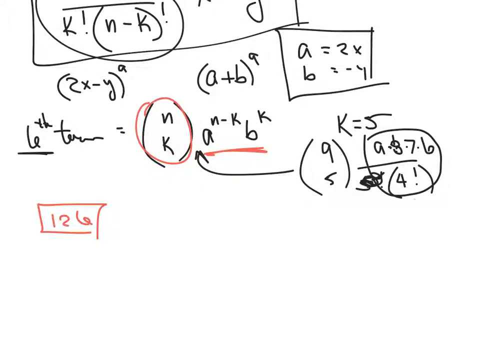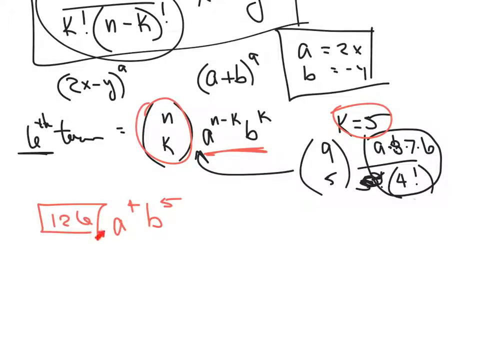Now I need to find out what my variables are. All right, so my variables are going to be a to the n minus k. Well, my n is 9, my k is 5, so I'm going to have a to the 4th. My b is to the k, which I found here was 5. Okay, but that's not what we're looking for.